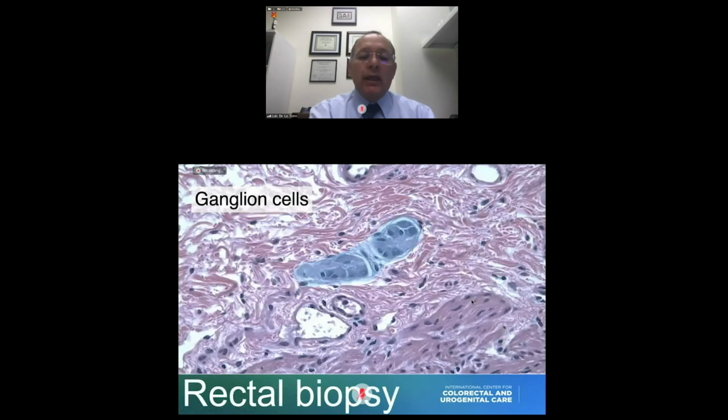We have to take a rectal biopsy in all patients with Hirschsprung. The rectal biopsy is the gold standard procedure to confirm the diagnosis of Hirschsprung disease. The presence of these cells that you can see in this slide, we call these ganglion cells, which are neurons in the bowel.